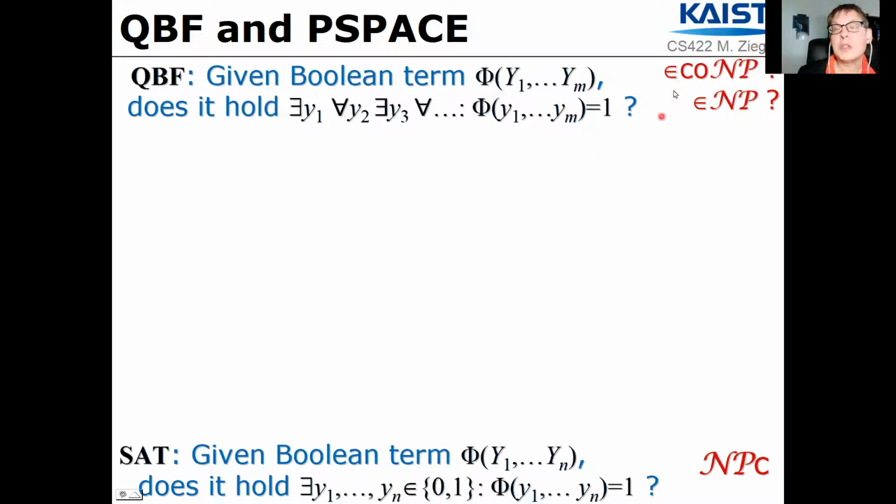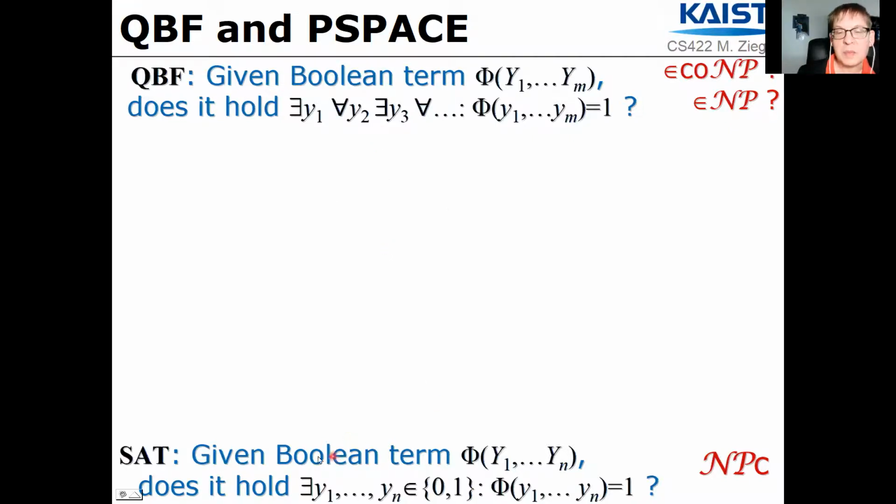But it also includes the co-NP complete unsatisfiability problem, where unsatisfiability is the question: given a Boolean expression, is it true that for all assignments the expression evaluates to 0? So this is the complement, the negation of satisfiability. Not being satisfiable means that for all assignments the Boolean expression evaluates to 0, to false. And again, also this co-NP complete problem is included in QBF.